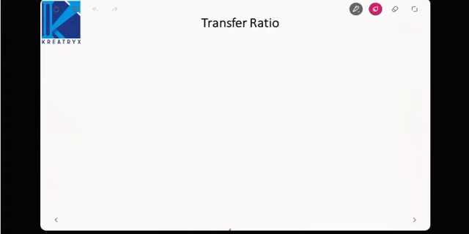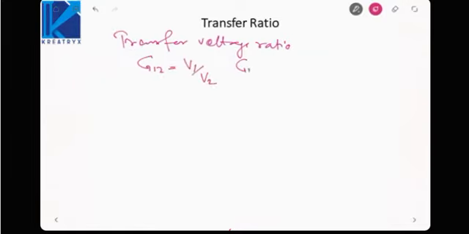Next, we define the transfer ratio. The transfer voltage ratio is defined as G12 equal to V1 by V2 and G21 equal to V2 by V1.